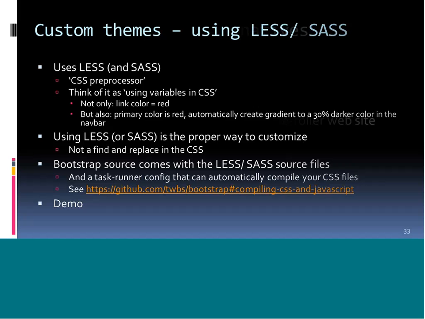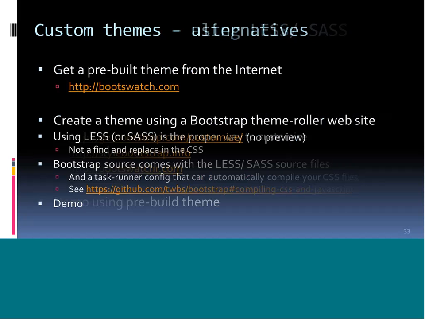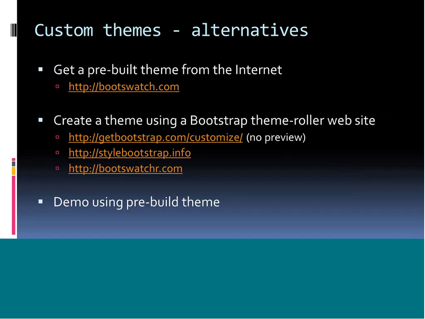There are also two other different ways to get a custom look and feel on your Bootstrap enabled site. You can either use a pre-built theme from a site like Bootstrap4XPages.com, or you can create a theme using one of the Bootstrap theme rollers that are out there. I'll show you a quick demo on how you can use one of the pre-built themes.